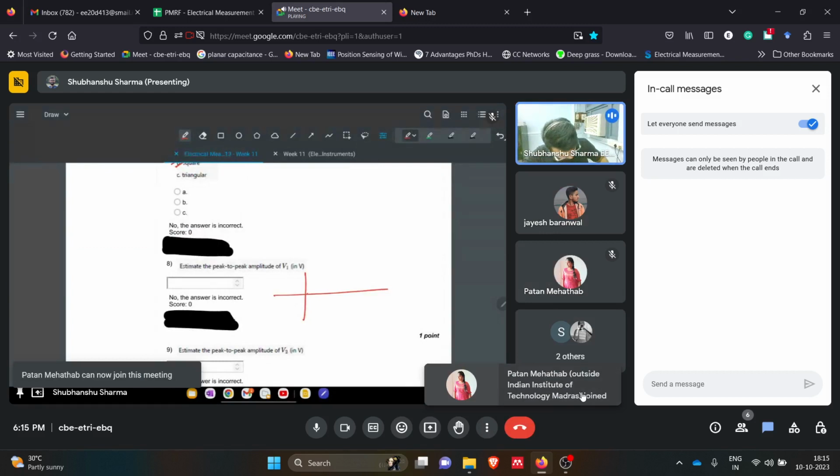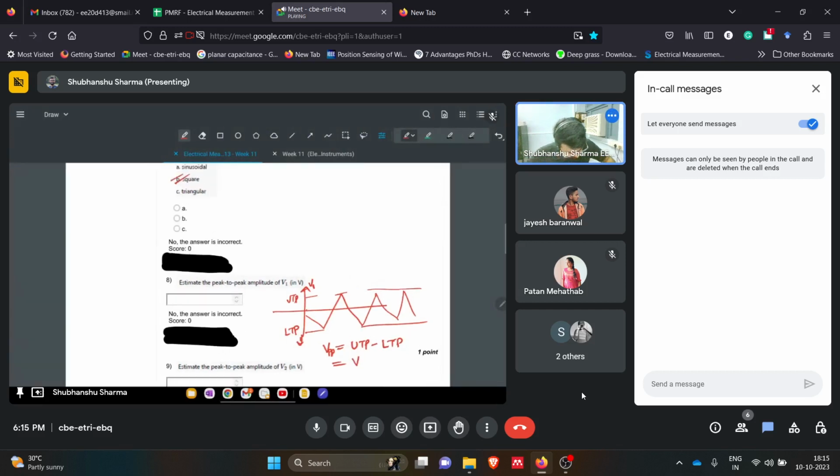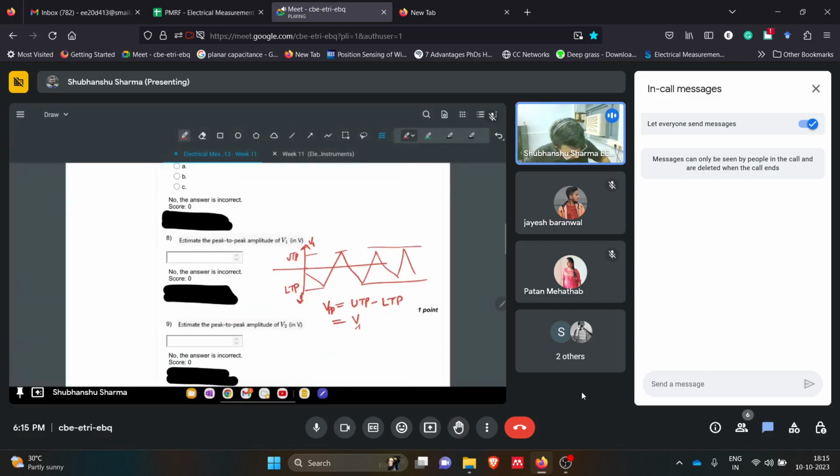If we exactly draw the waveform, something like this, V1, this is UTP, LTP. So V peak to peak will be UTP minus LTP. So this is V saturation into R1 by R2 minus of minus V saturation into R1 by R2. Okay, I think this is the thing.